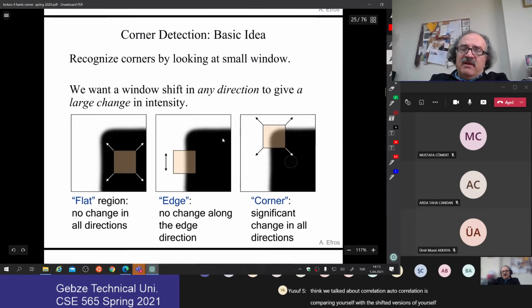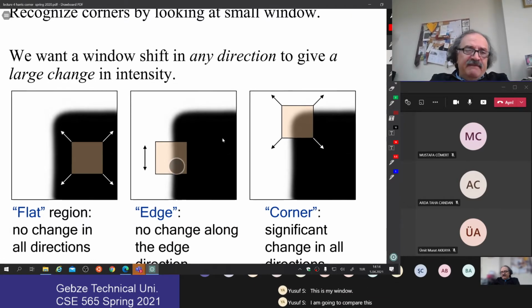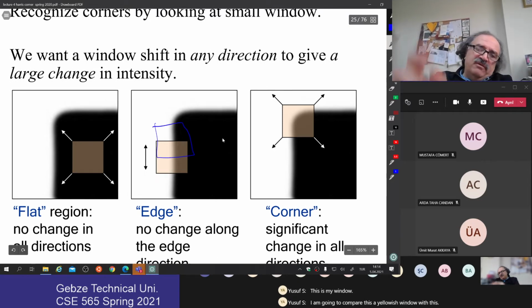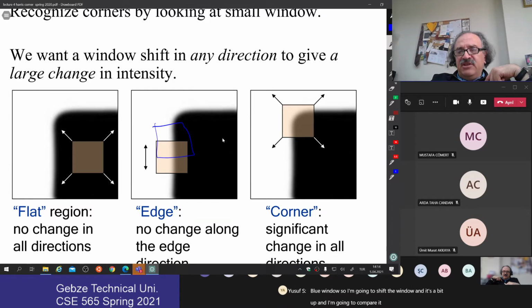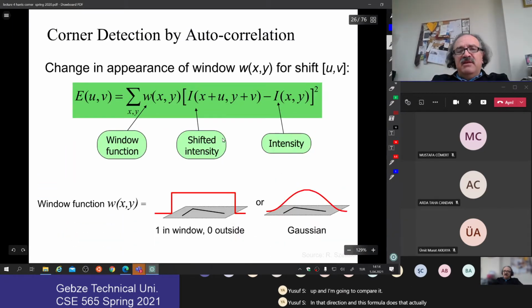So this is my window. I am going to compare this yellowish window with this blue window. I am going to shift the window a little bit up, and compare it in that direction. This formula does that actually.